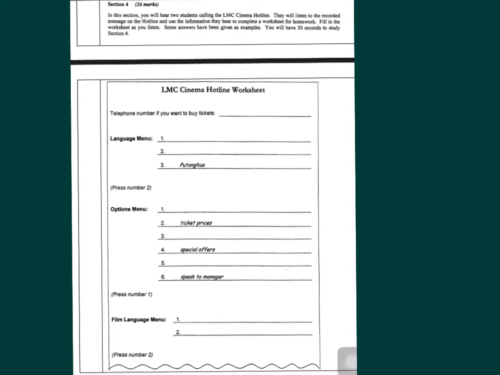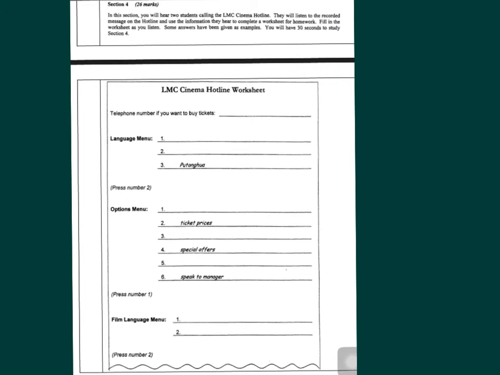Welcome to the LMC Cinema Hotline. Please note that this is an information service only. If you wish to buy cinema tickets, please phone our ticketing office at 341276888.